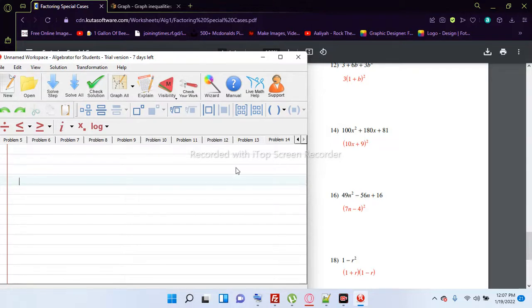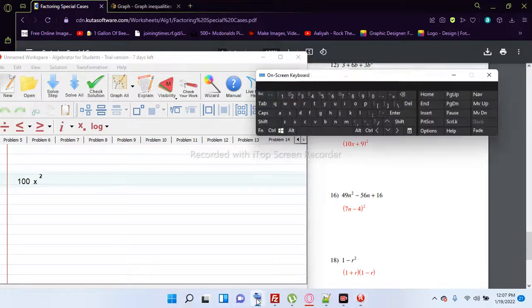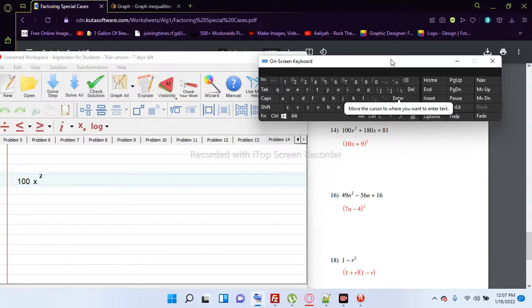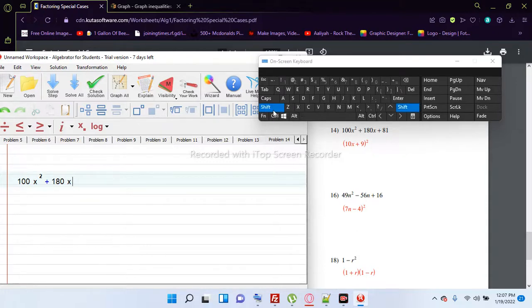So now, like I'm showing you now, 100x squared. Take the shift, 6 key, 100x squared, just like that, right? Double click it in the front, plus, shift, plus, 100x plus 180x, okay? 180x plus 81.